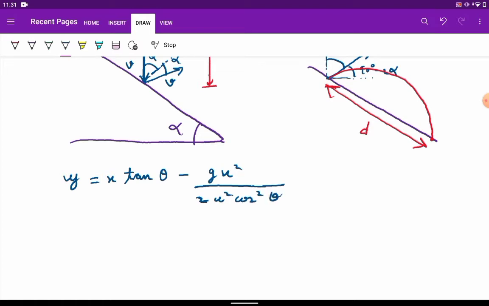So this is basically the projectile's trajectory equation, y in terms of x. This is u.